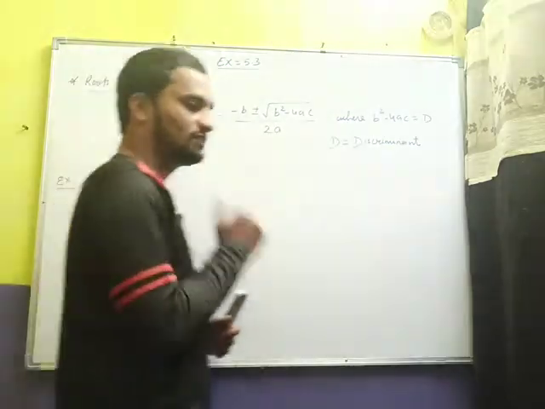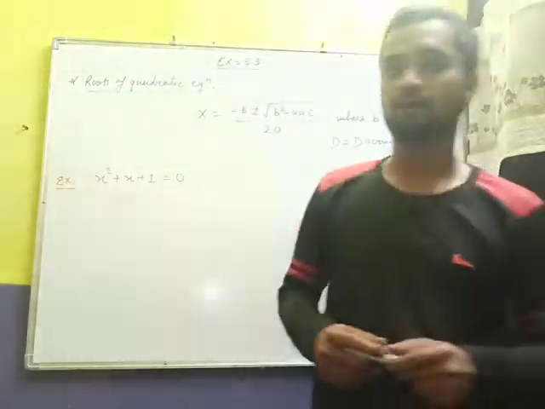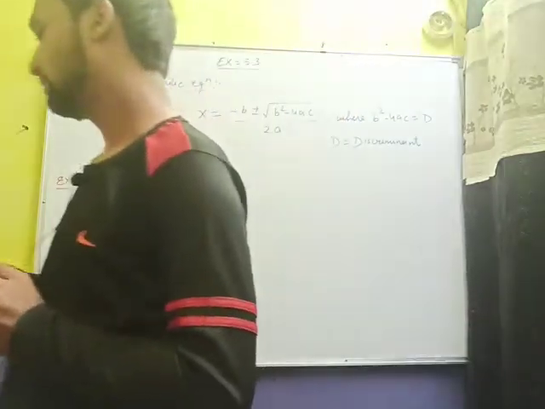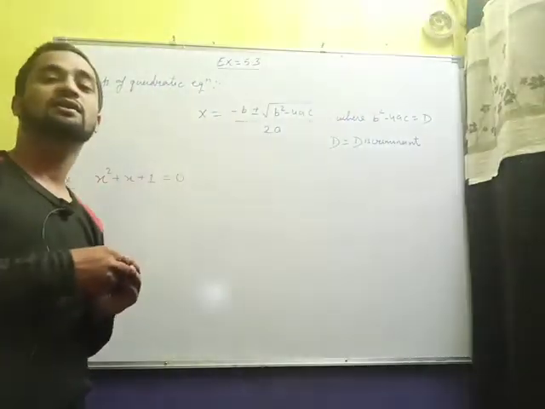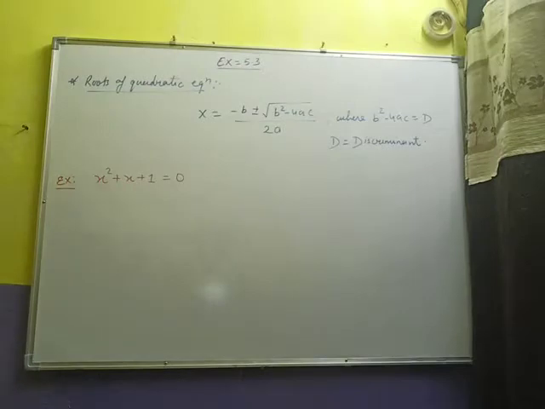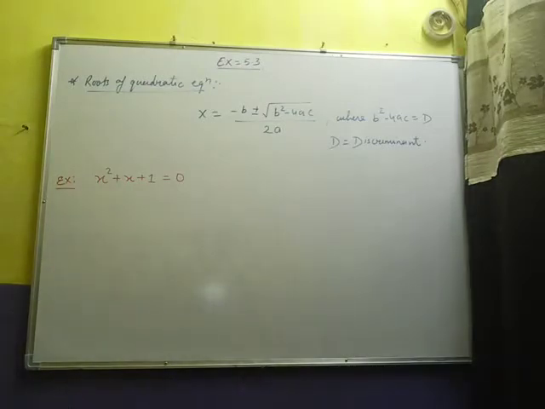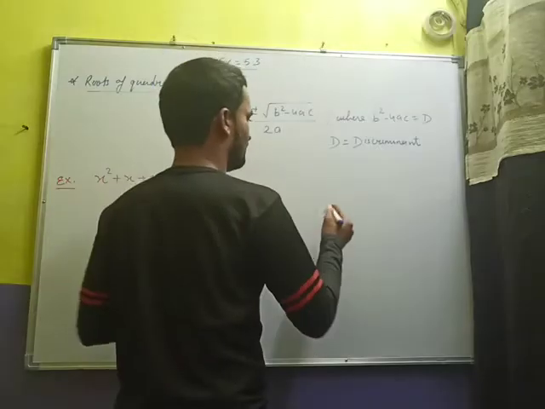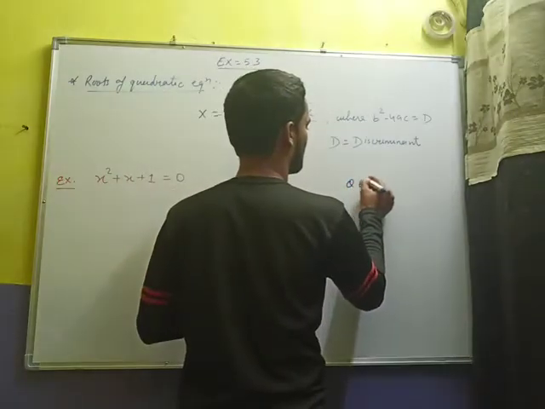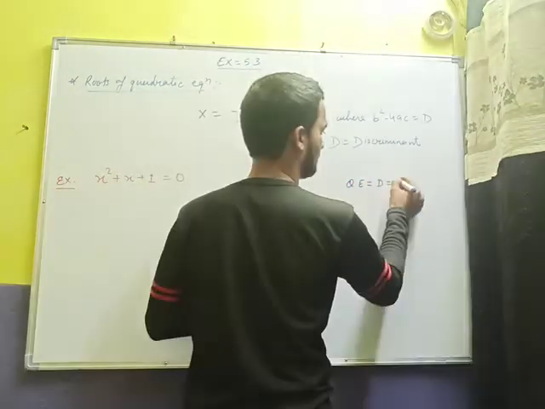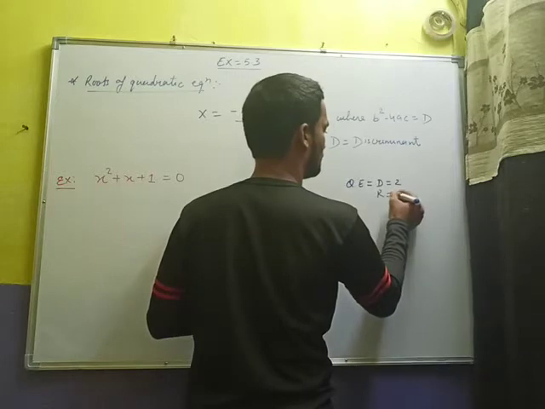So one thing we have studied even in class 9, that every polynomial of degree n has n roots. It means if it is a quadratic equation, degree will be 2, then roots will also be 2.